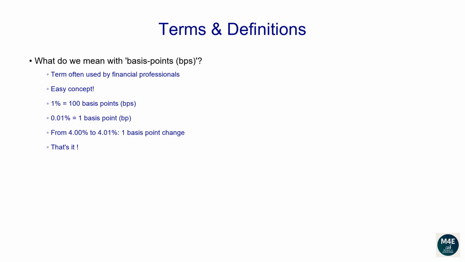If 1% is equivalent to 100 basis points, then 0.01% is equivalent to 1 basis point. For example, if the yield of a Muni bond changes from 4.00% to 4.01%, it's simply easier to say the yield increased by 1 basis point, instead of saying the yield increased by 0.01%. That's it.